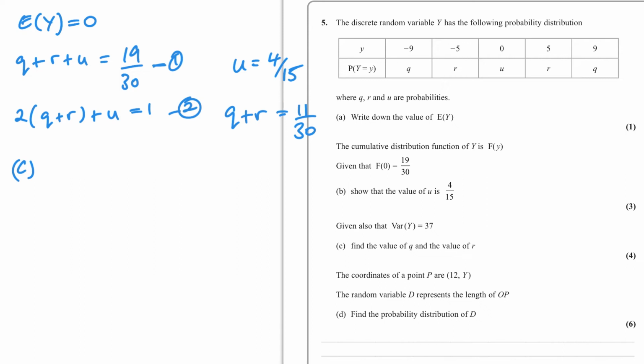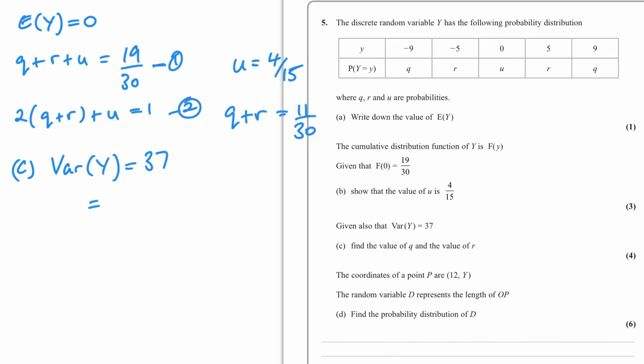Now, part C introduces us to a little bit more information. It tells me that the variance of y is 37. And we're going to need this now to be able to find q and r. Now, if you remember, finding the variance is squaring the x value, or in this case squaring the y, and multiplying by the probability.